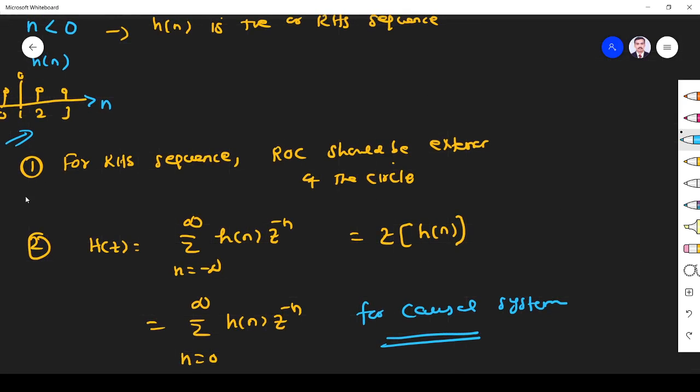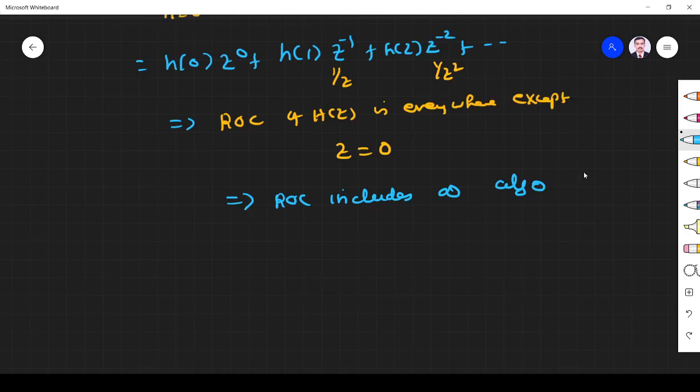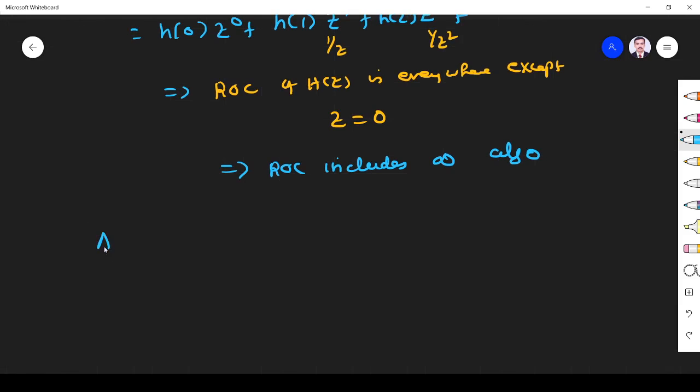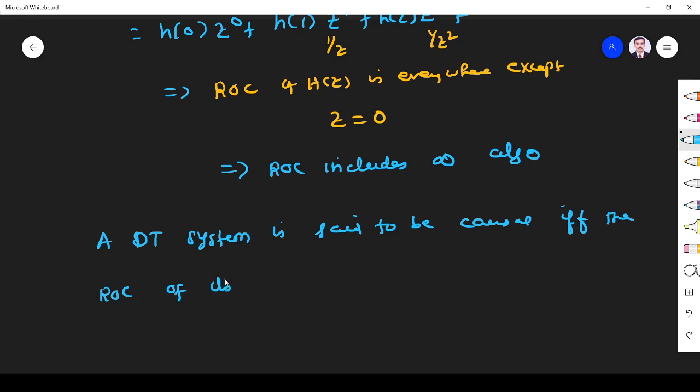So combining these two points, what we can say is, a DT system is said to be causal if and only if the ROC of its system function, nothing but transfer function h of z, is exterior to the circle.